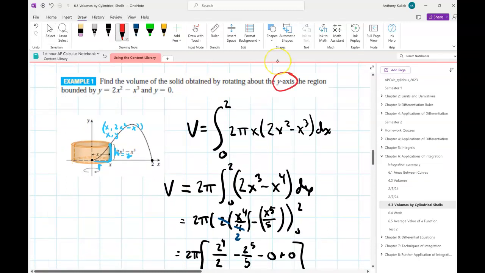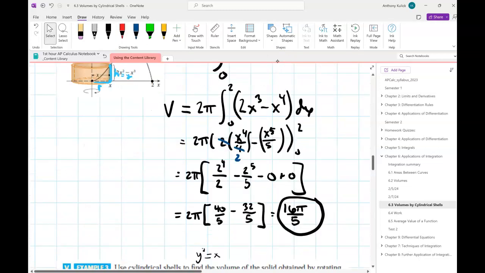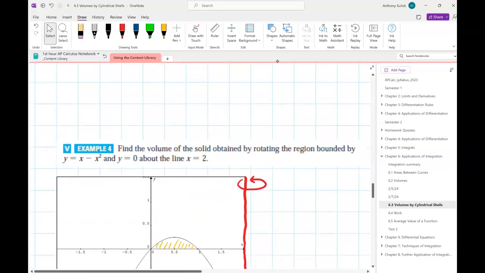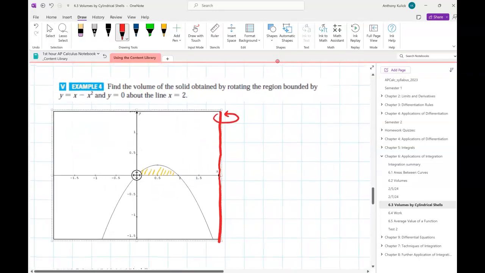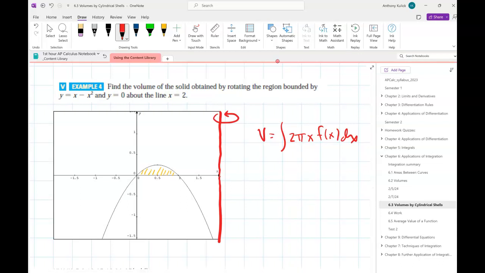About the y-axis. Yeah, so that's going to be more similar to the first one, where we're rotating about a vertical axis, right? So we're going to be doing that. Does that feel okay?